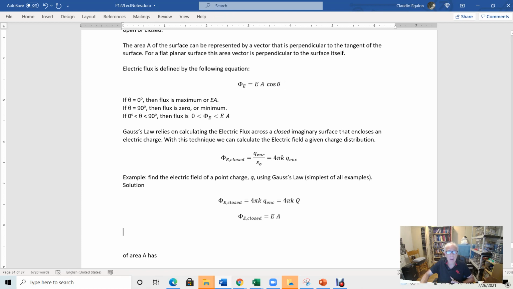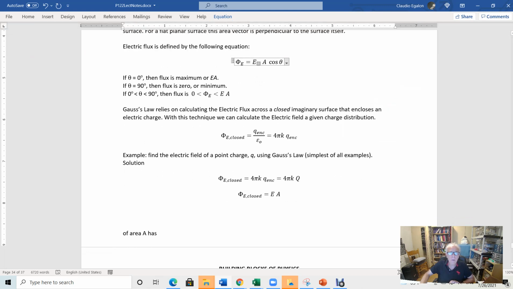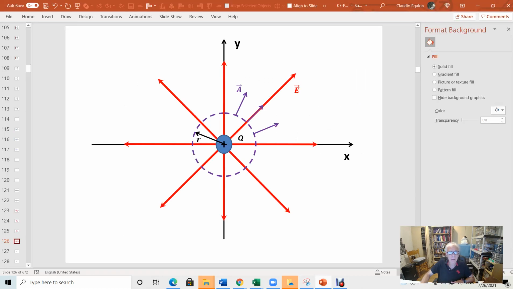Oh, and by the way, the electric field here is the electric field on the Gaussian surface. I should have emphasized that. I'm going to put the electric field on the surface, throughout the surface. I'm talking about the electric field at this point here on the surface, at this point here on the surface, and so on. It's not the electric field at some other point.